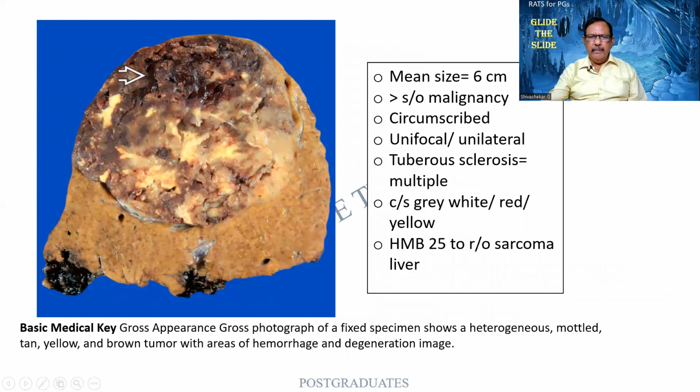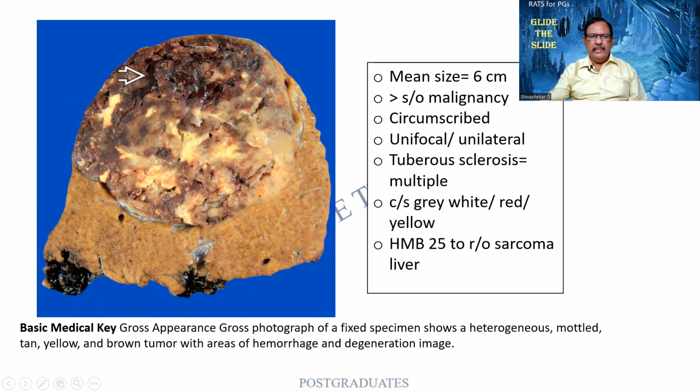Incidentally, before I plunge, I hope you people are able to identify the organ over here. It has some kind of a pale and then a dark area, but still they say there is no full-blown cirrhosis. It is a liver. And this is also an uncircumscribed lesion or a circumscribed lesion. There are some areas of hemorrhage. If this alone is given, I would think of a hemangioma.